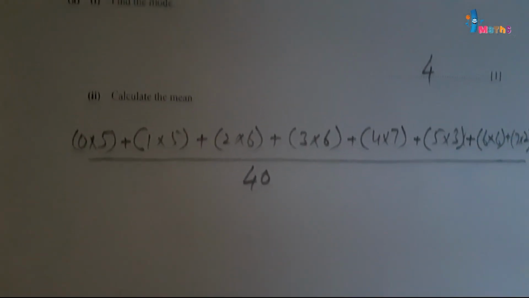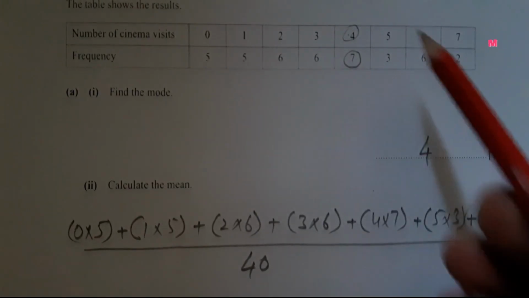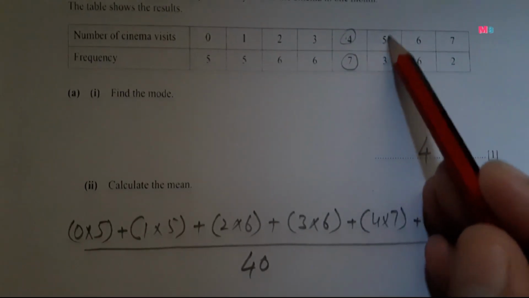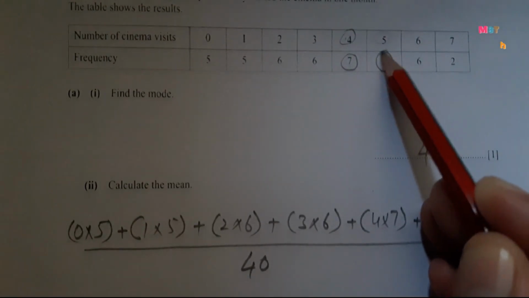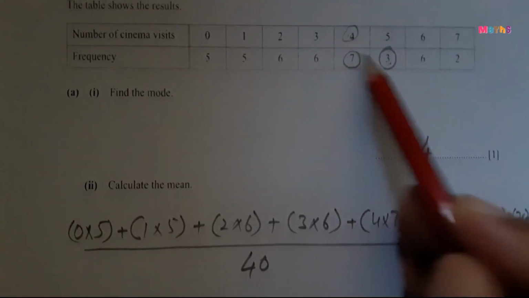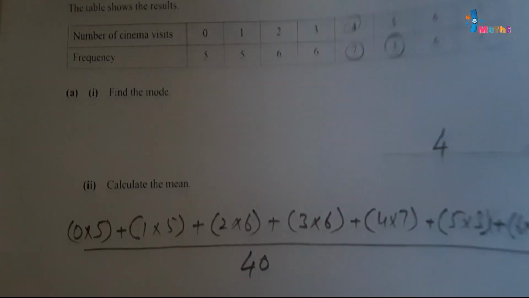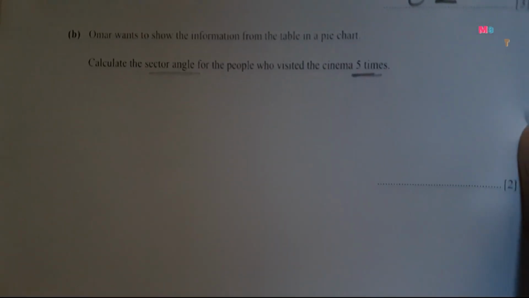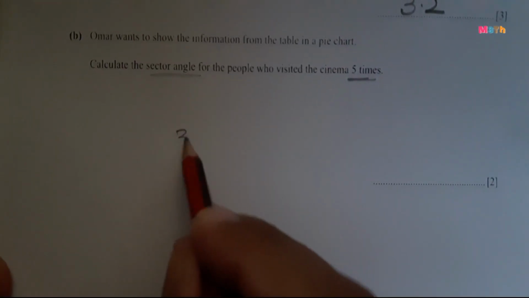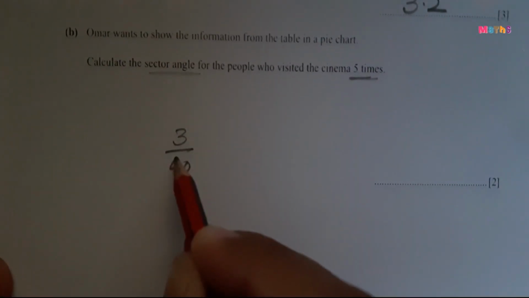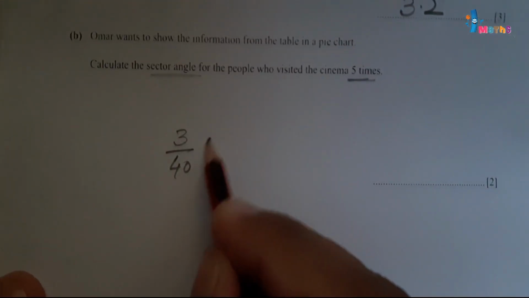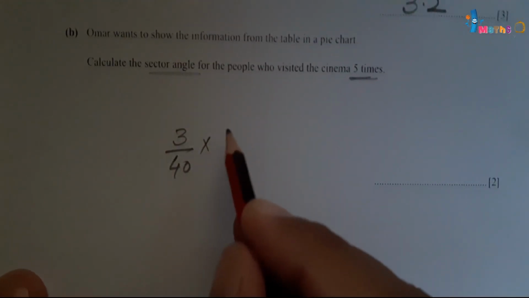So 3 out of 40, and we want to convert it into a pie chart.